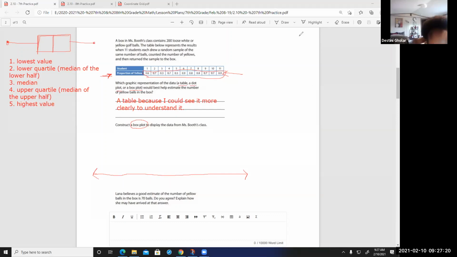We got 0.6, we got 0.3. What are you noticing that each of those numbers have? This. Somebody said the tenths, so yeah, I'm gonna count by tenths.